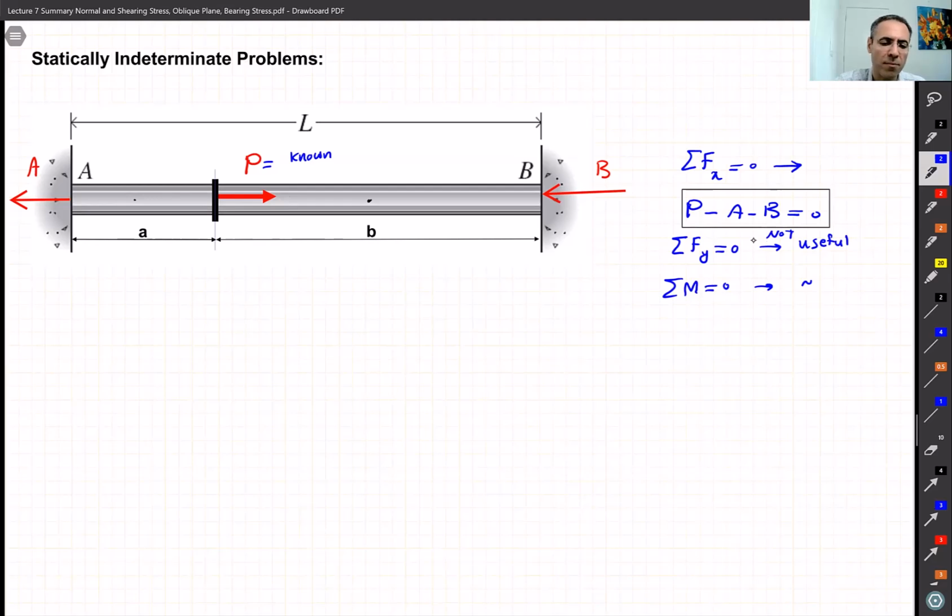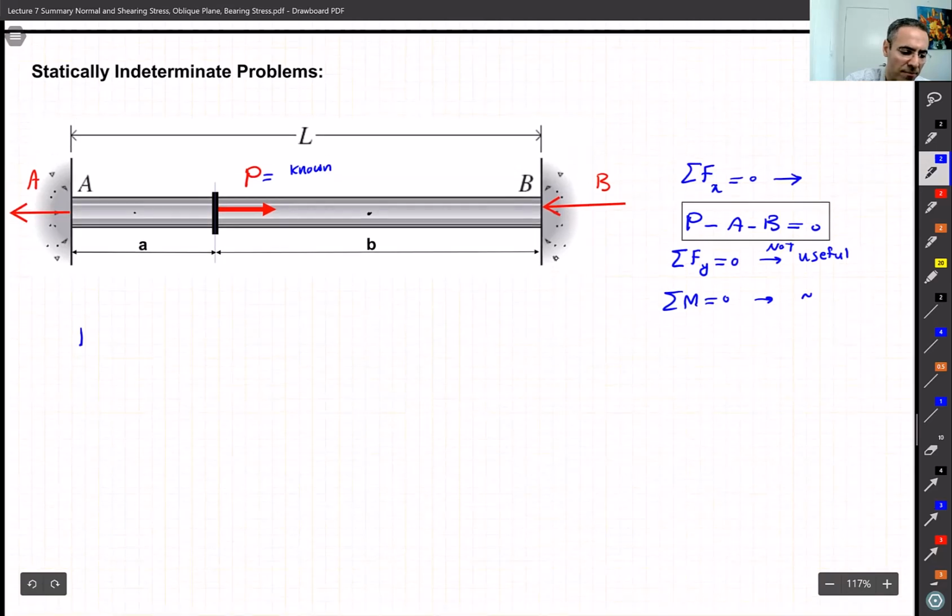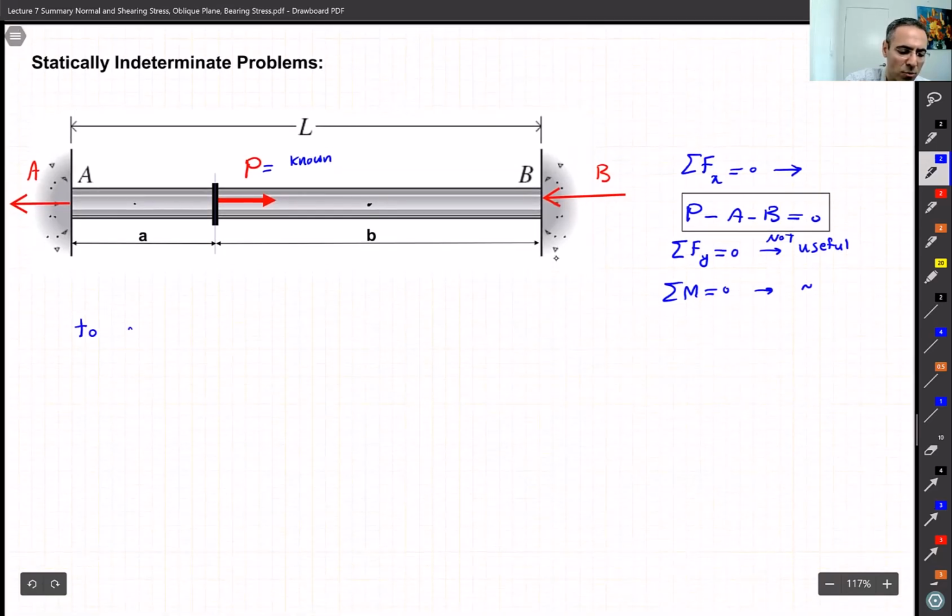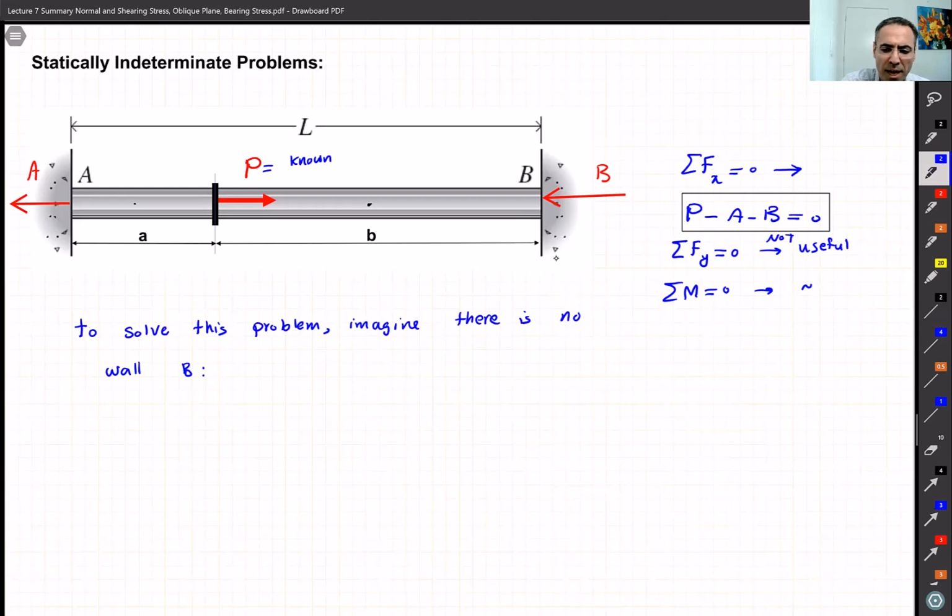The way we do it, we say, well, assume that this wall B is gone, it's not there. To solve this problem, imagine that there is no wall B. If that's the case, then we know that something is going to happen to this section B, right?